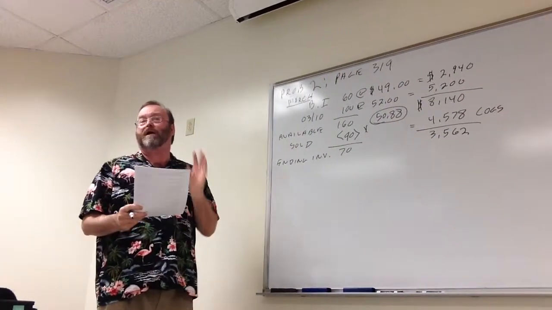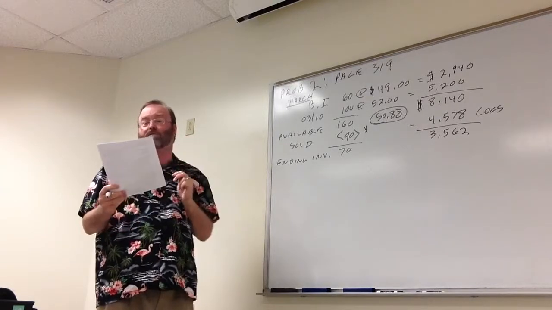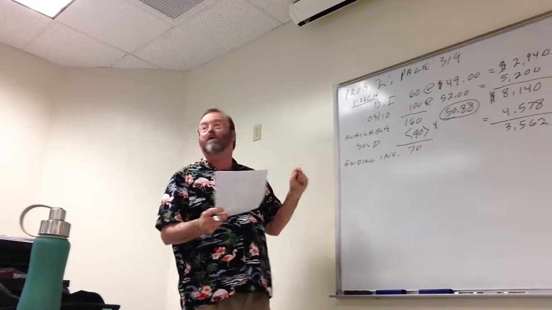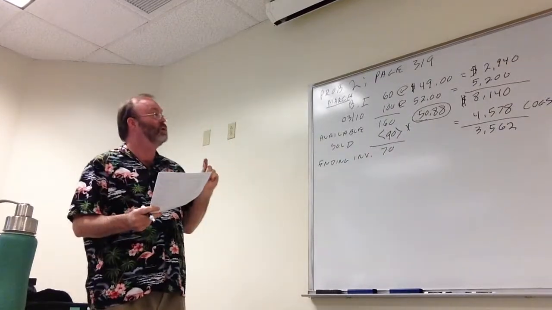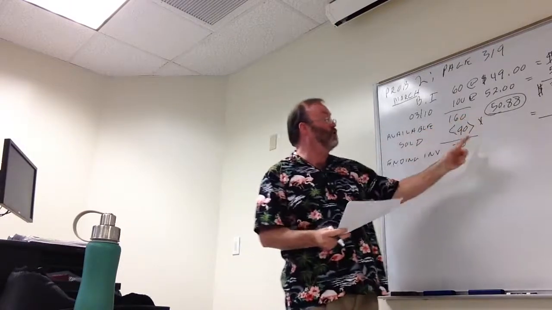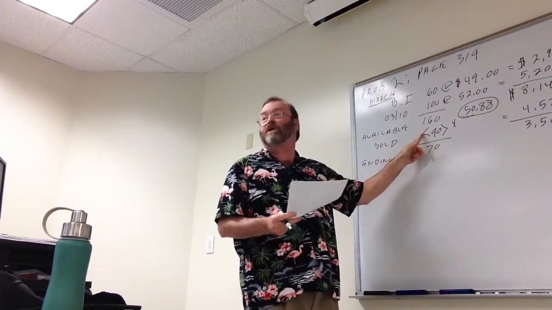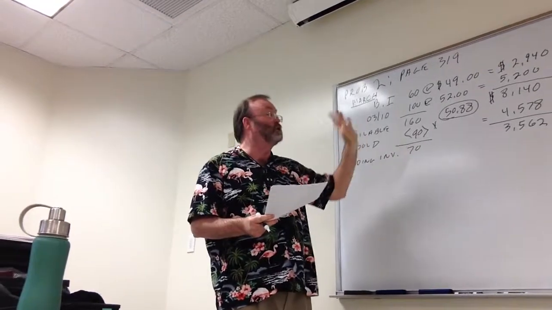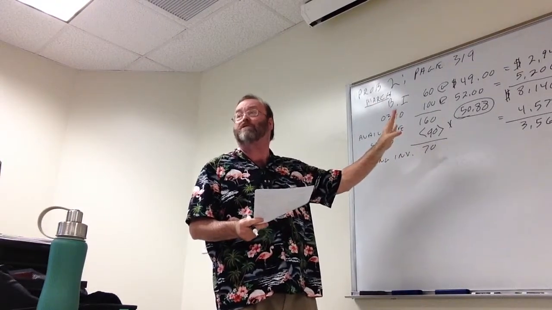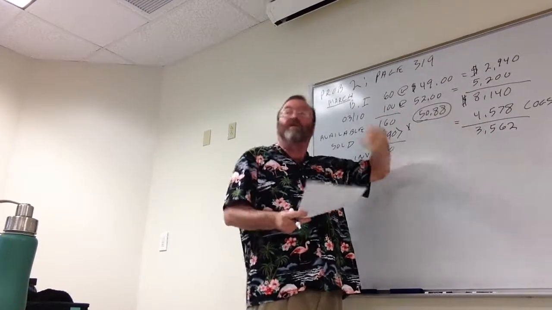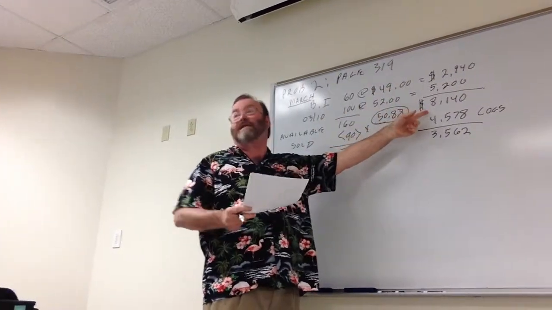All right? Everybody good so far before I move on to April? I thought it was 70 times 50. You could do either one, is my point. You could multiply either the number of units sold or the number of units in ending inventory. You're still going to wind up with the same answers, because whichever one you calculate, the other number is just subtracting it from the total.